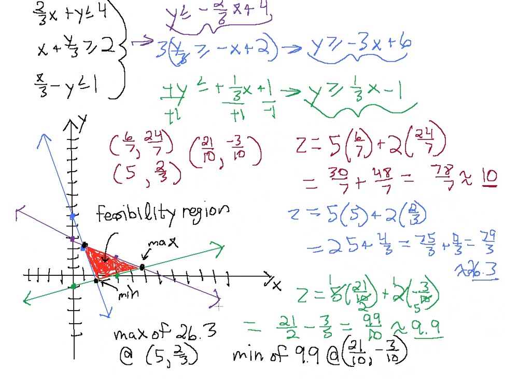So if this is a cost equation, we're talking about labor and materials, well, we have a maximum profit of $26.30 when, if x is labor and y is materials, we're using 5 units of labor and 2/3 units of materials. Now, this doesn't make sense until we actually look at it on paper or in a real-world situation, but we'll be looking at a few applications in the next few sections. So look over this and just understand how we did it, and we'll see you in the next video.